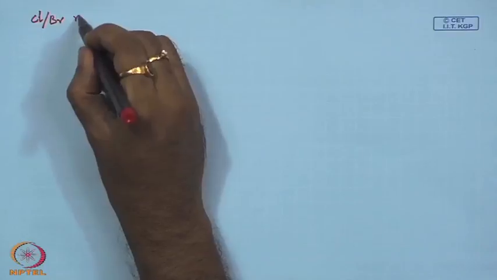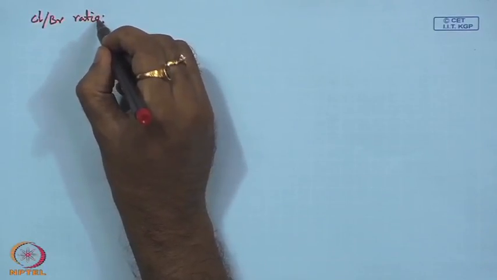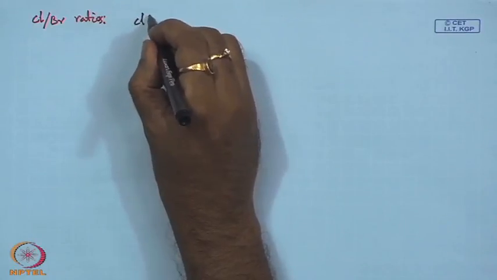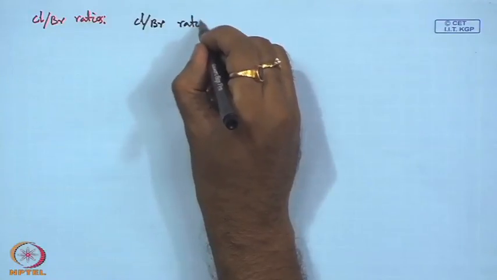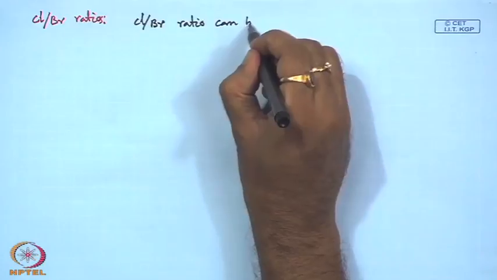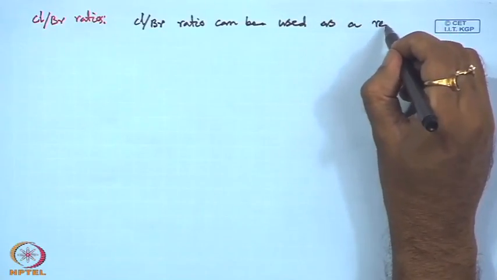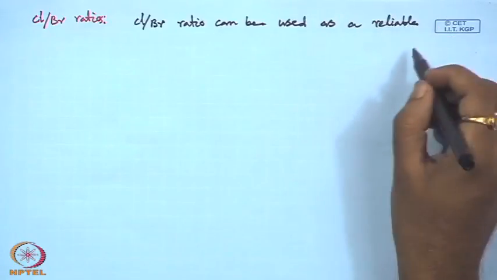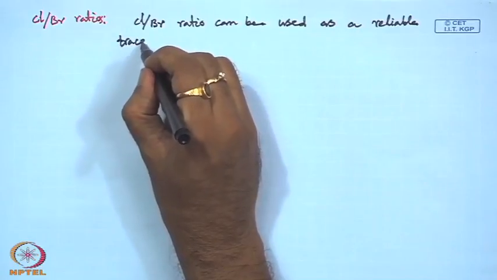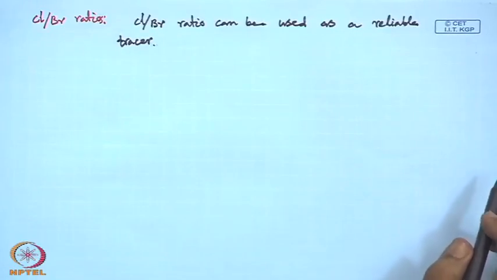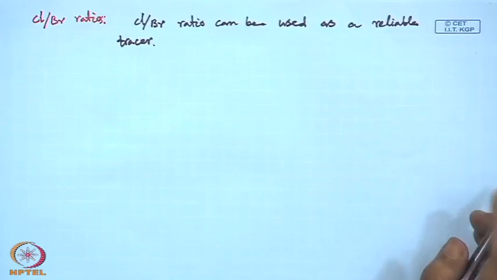The next parameter is the chloride to bromide ratio. The Cl to Br ratio can be used as a reliable tracer, because both Cl and Br usually behave conservatively.